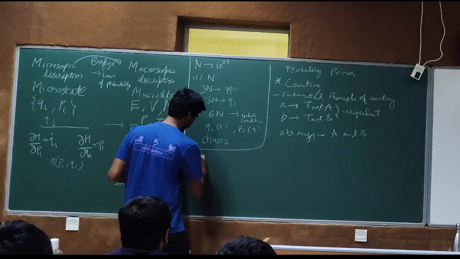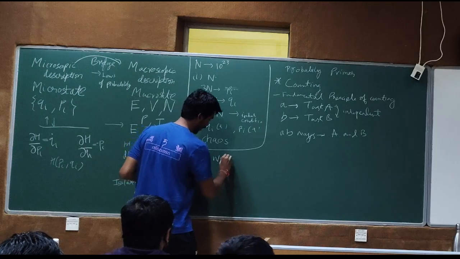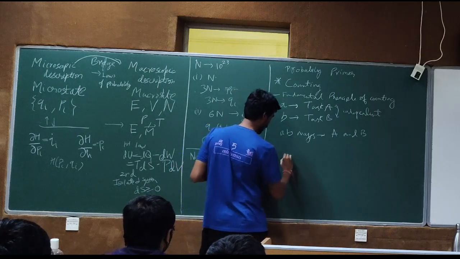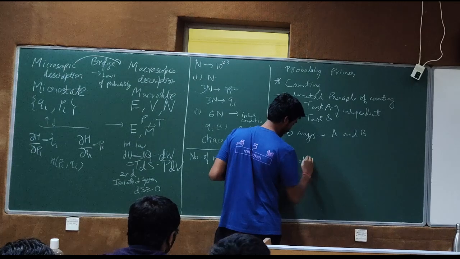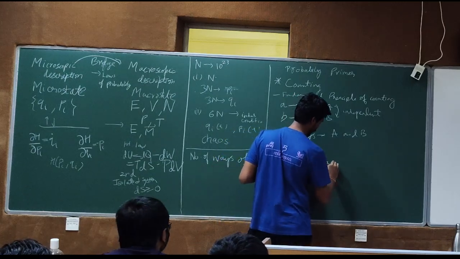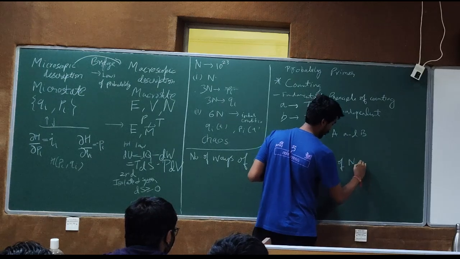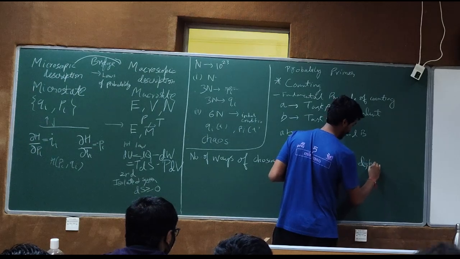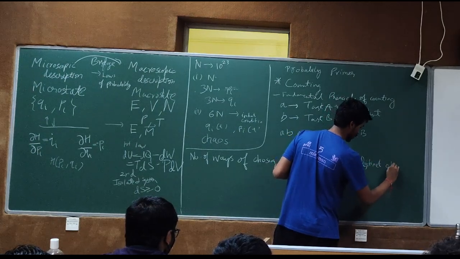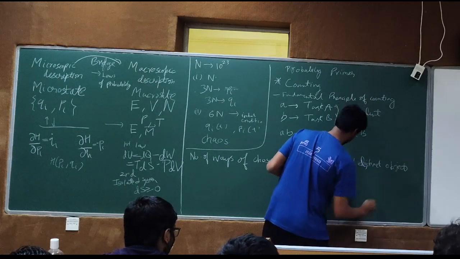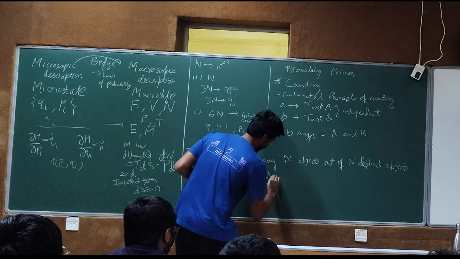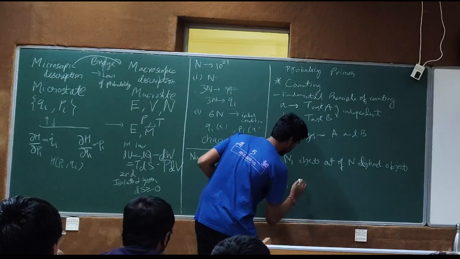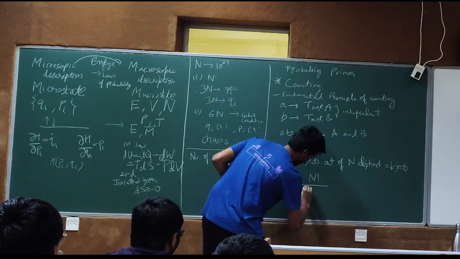The number of ways of choosing n1 objects out of n distinct objects is called nCn1, which is n factorial over n1 factorial times (n minus n1) factorial.